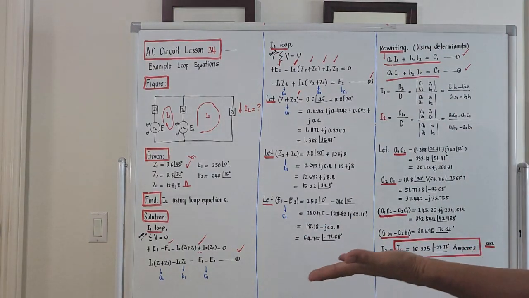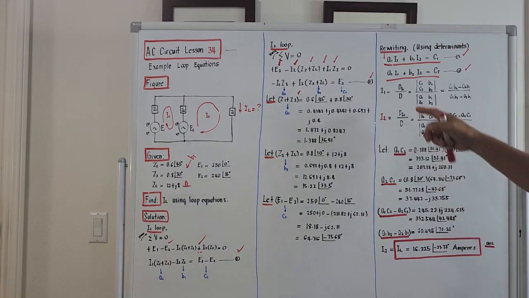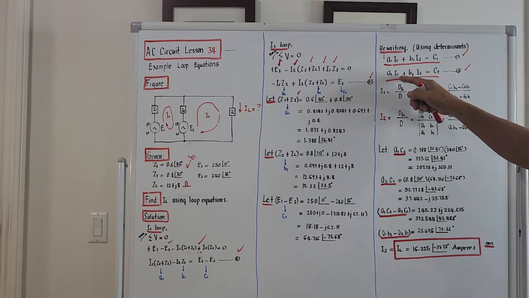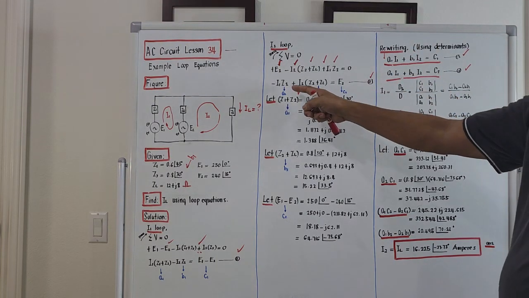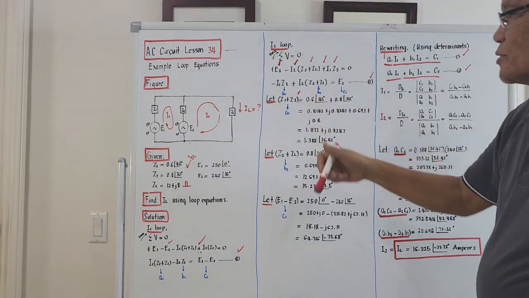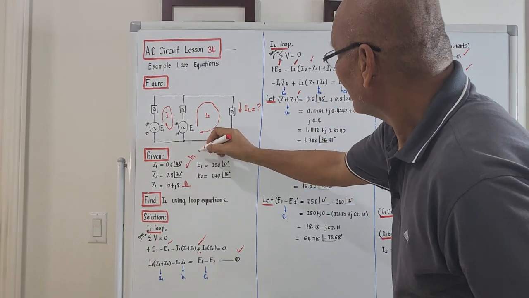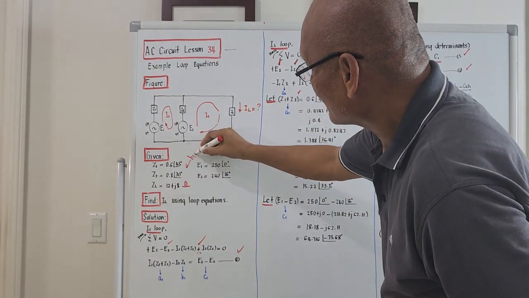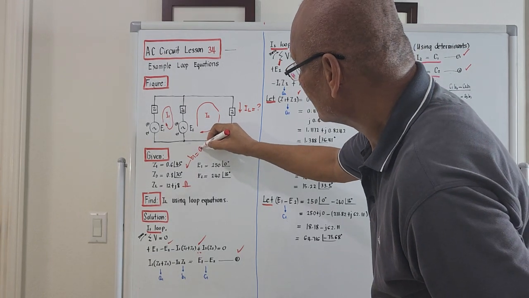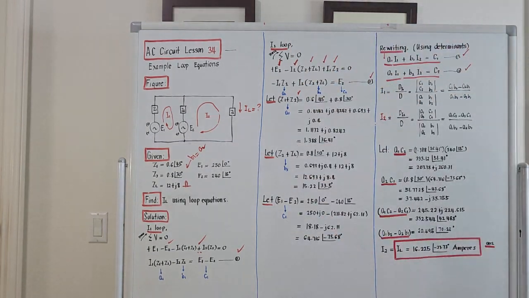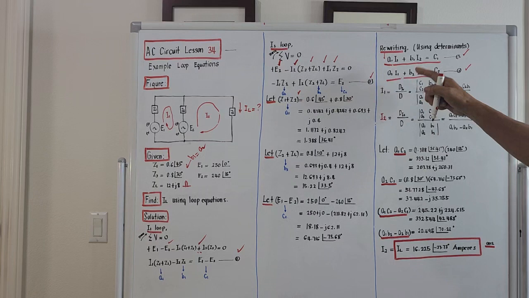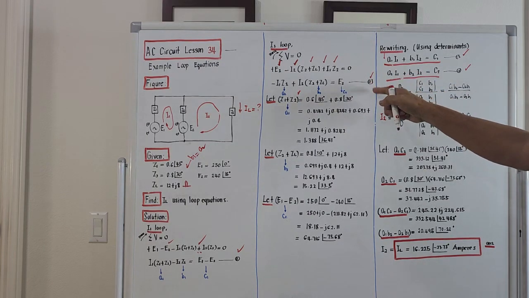Right? How about equation number 2? The coefficient of I1 considering equation number 2 is actually negative Z2. It's also Z2, this one. So this is actually equal to A2. Right? And B2 is the coefficient of I sub 2 considering equation number 2.